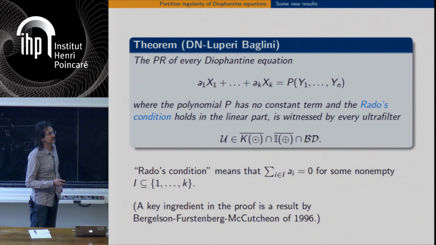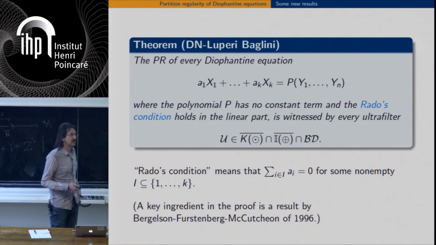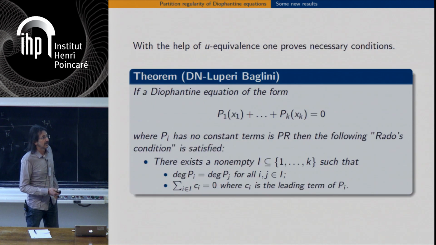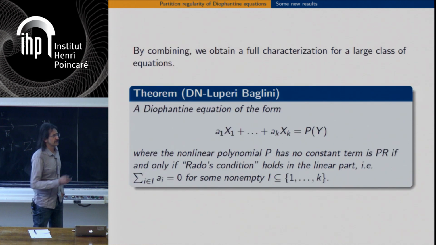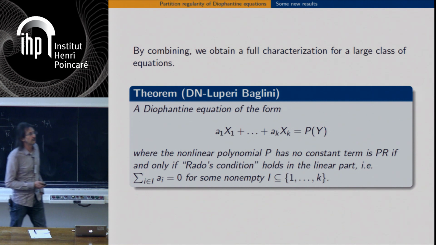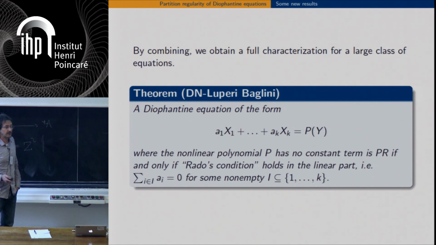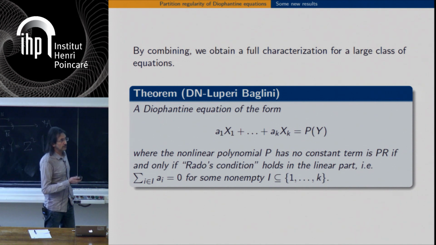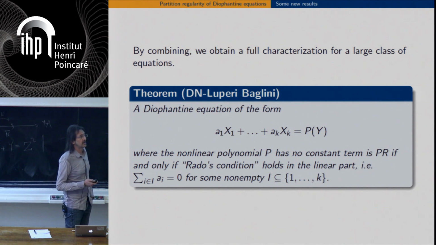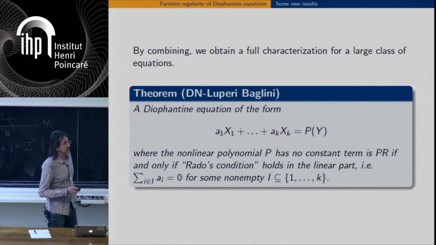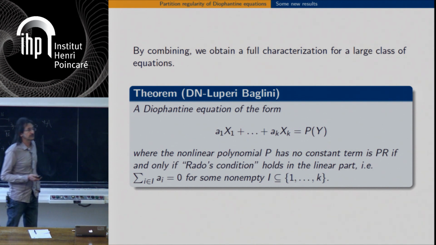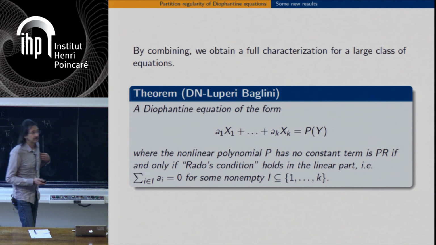Okay, this is another recent result that generalizes Rado's theorem. Let me just mention this corollary here. If we have a linear part and a nonlinear part, then one can prove that these kinds of equations are partition regular if and only if the Rado condition holds on the linear part.